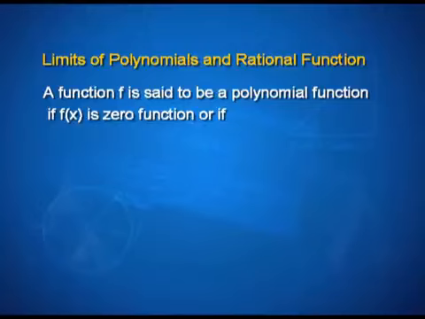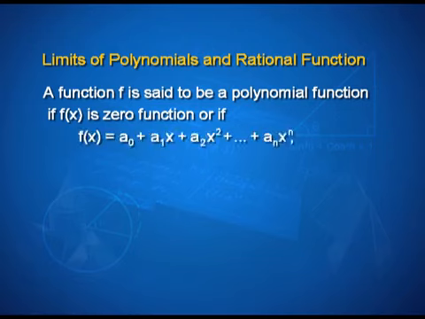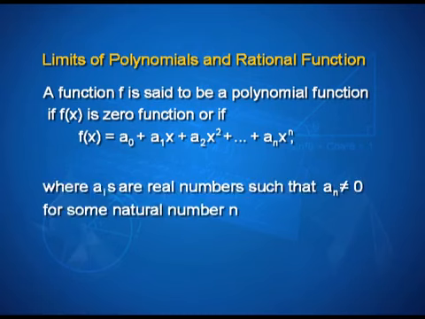Now, let us look into the limits of polynomials and rational functions. A function f is said to be a polynomial function if f of x is the 0 function, or if f of x is equal to a0 plus a1x plus a2x square plus ... plus an x to the power n, where ai's are real numbers such that an is not equal to 0 for some natural number n.